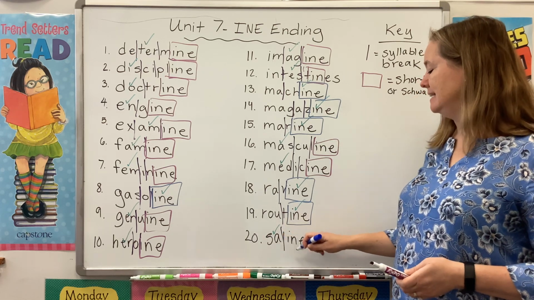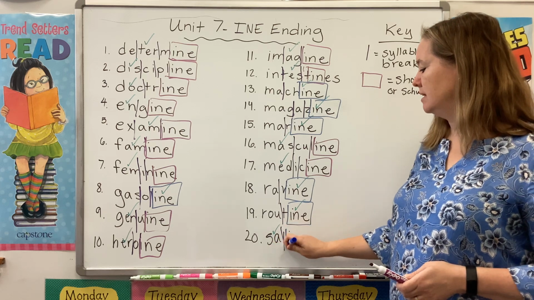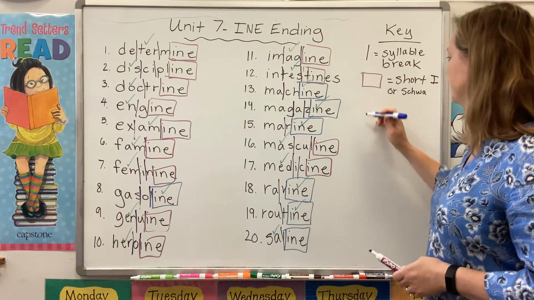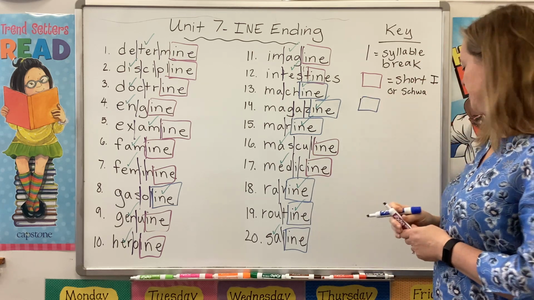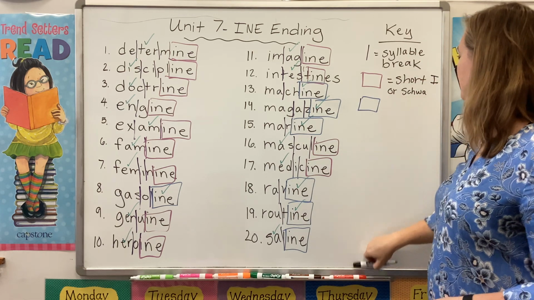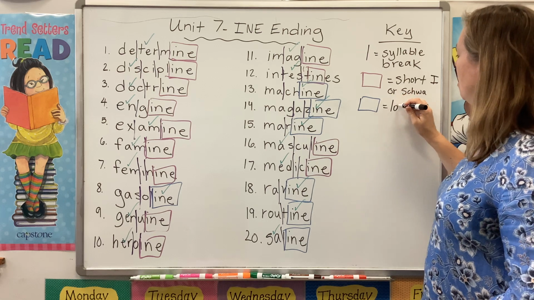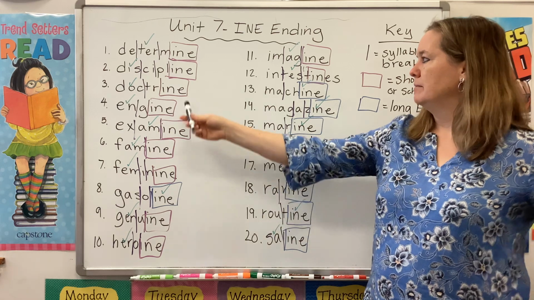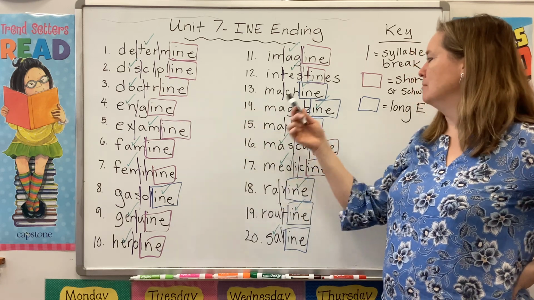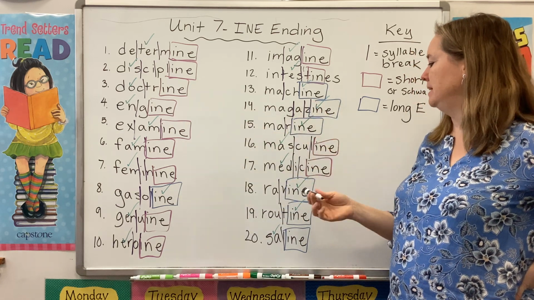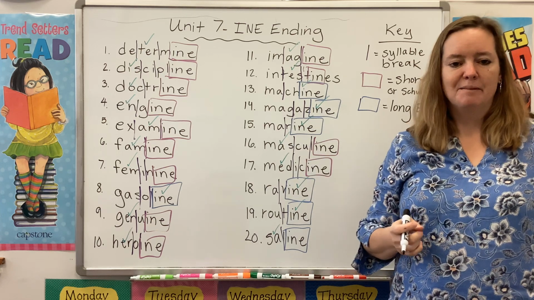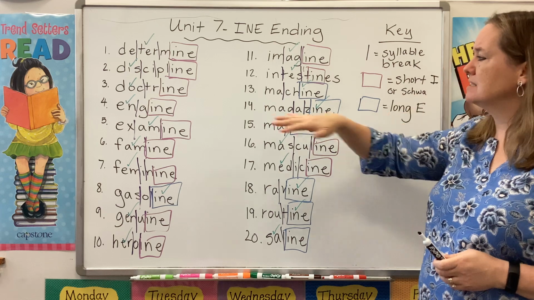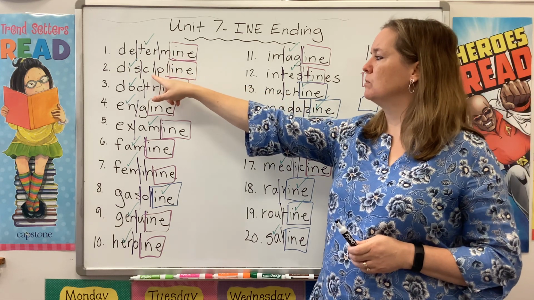So in saline, even though we stress the first syllable, it's still going to make an E sound. So in all of these examples, we have a long E sound, right? Gasoline, machine, magazine, marine, ravine. Interesting, I think.